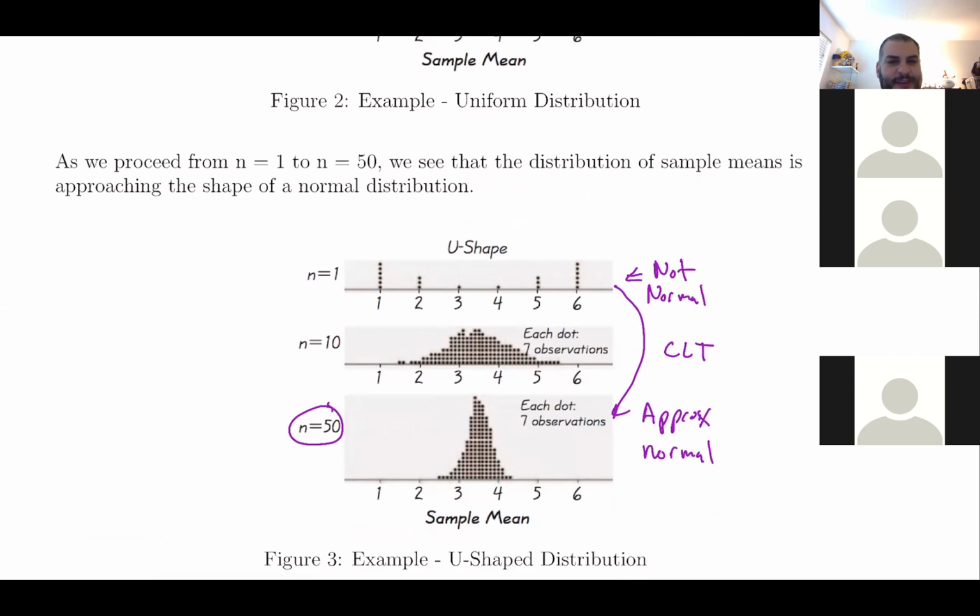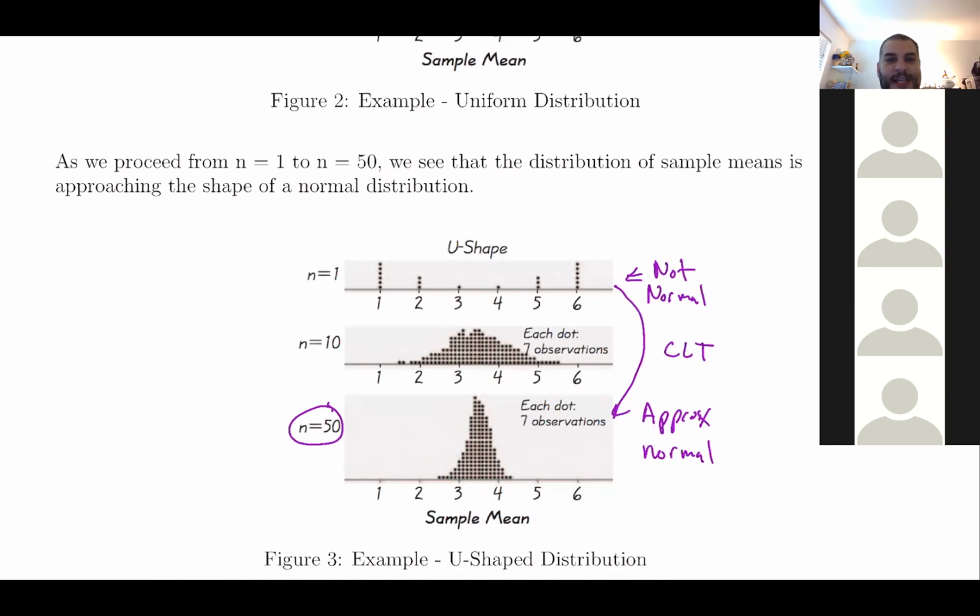Any questions so far for the central limit theorem? What is the central limit theorem? It's a theorem telling us that, depending on how big of a sample size we're randomly selecting, our data set will become approximately normal.